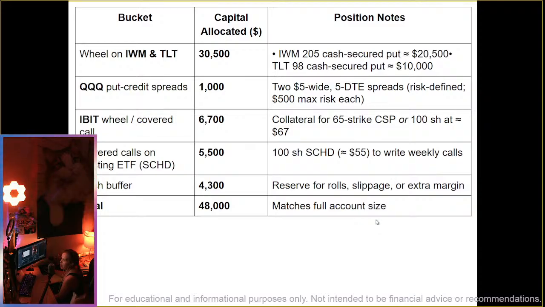So this will be the capital allocated to each thing. IWM and TLT will get the majority of the cash-secured puts, and then QQQ $1,000, two $5-wide spreads. Maximum risk is 500, and they have cash-secured puts on IBIT. This is wrong. These numbers are wrong.